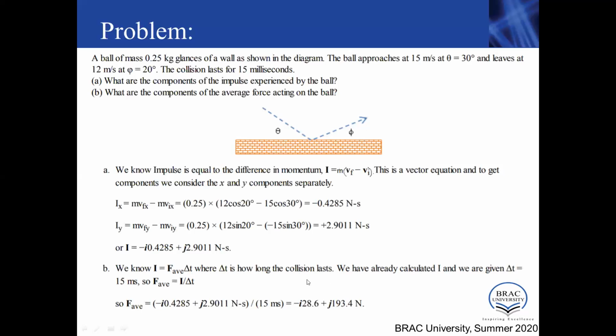So the average force is equal to impulse divided by delta t, which is the impulse divided by 15 milliseconds. Finally, the average force is minus 28.6 i cap plus 193.4 j cap newtons.